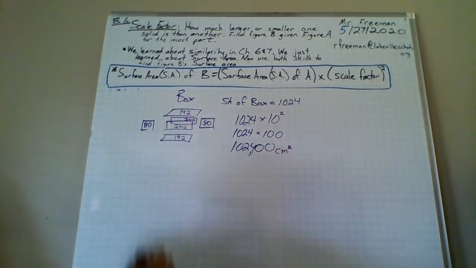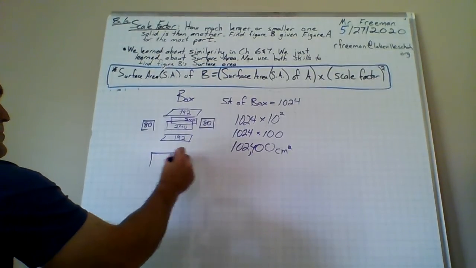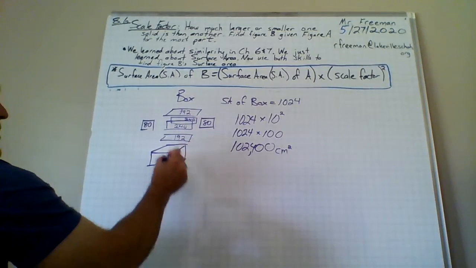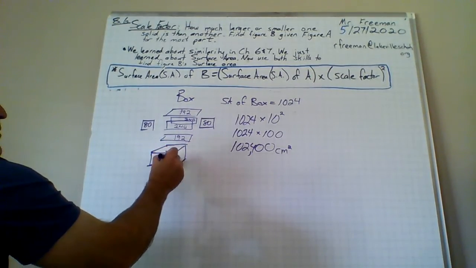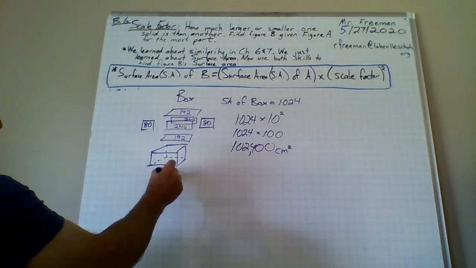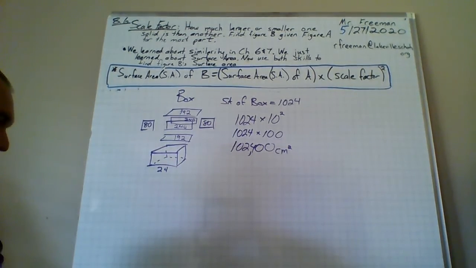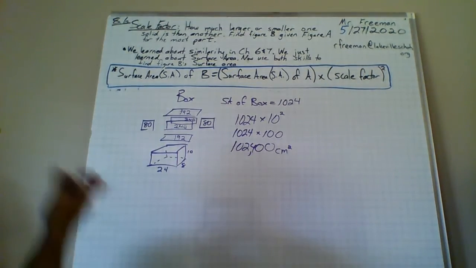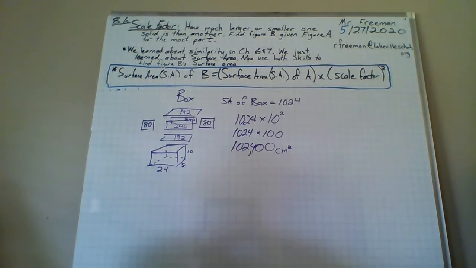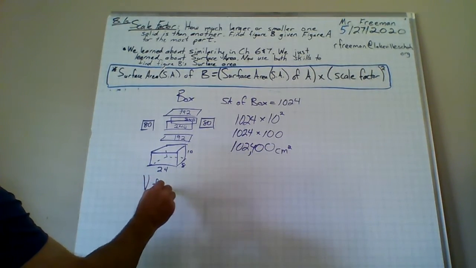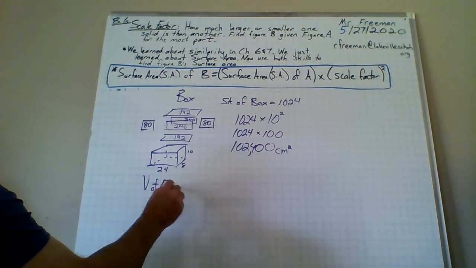Okay, if I piece this box back together for the volume part of it, boxes kind of look like that, and they give us a dimension of 24 down here, and a 8 here, and a 10 here. Volumes of boxes are simple, and I'll write it just real quick.